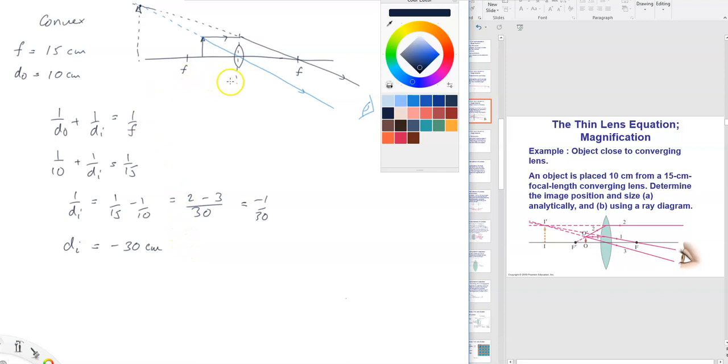So it's on the same side as the object, 30 centimeters, which is negative. Magnification.